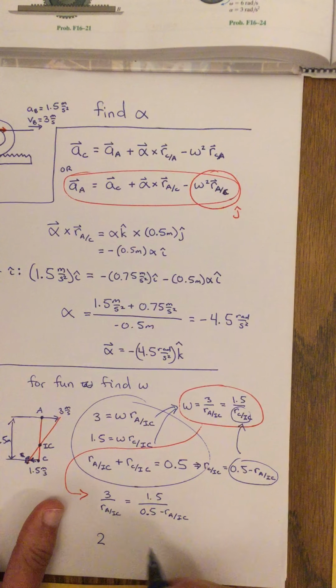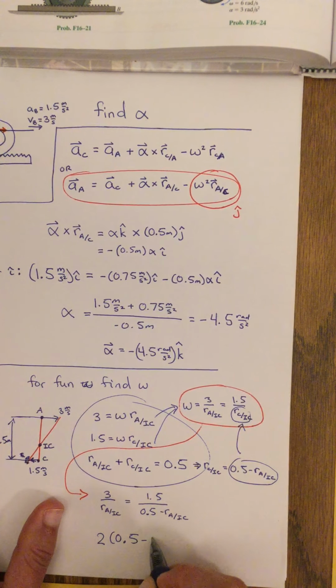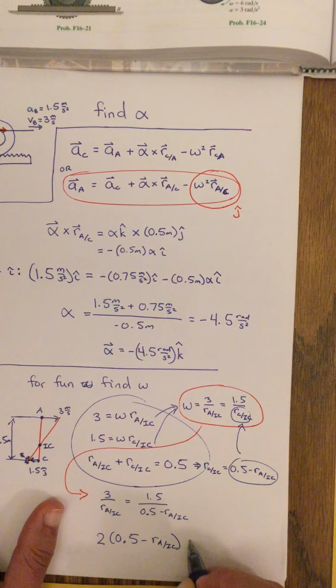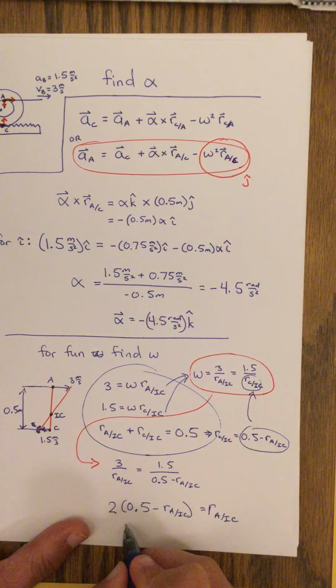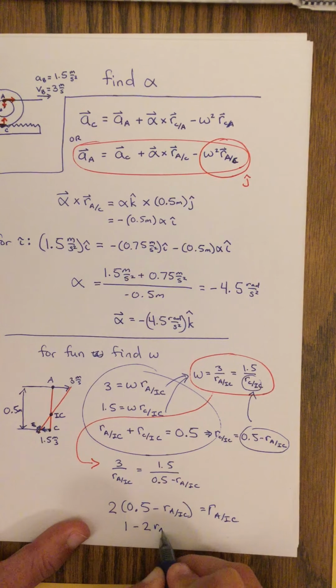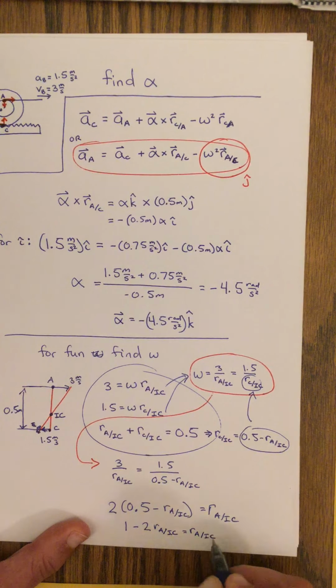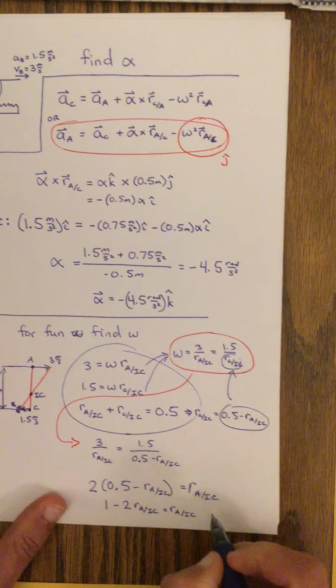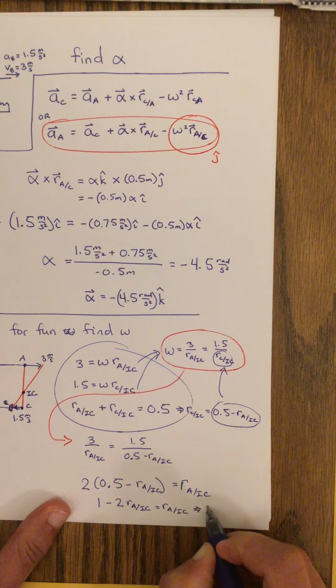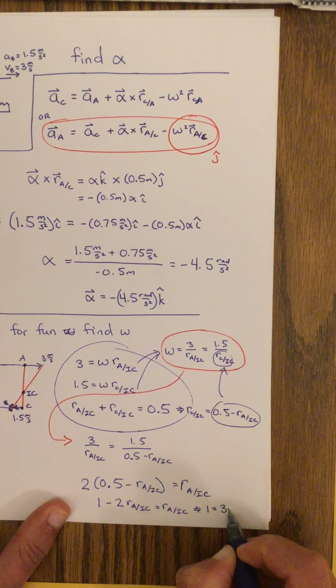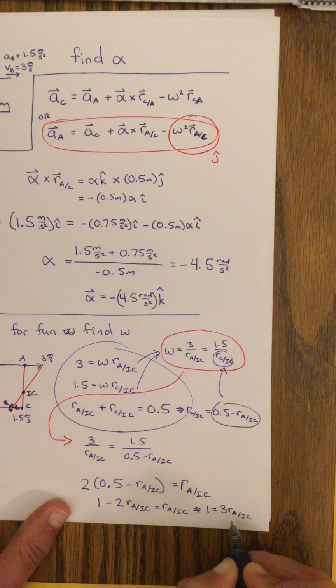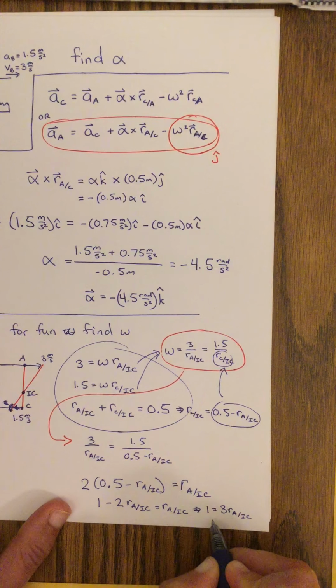Then multiply both sides by RA over IC and also multiply both sides by 0.5 minus RA over IC. And distribute the 2 here, so that's 1 minus 2 times RA over IC is equal to RA over IC. If you bring this over to the other side, you have 1 is equal to 3 times RA over IC. So RA over IC is equal to 1/3.